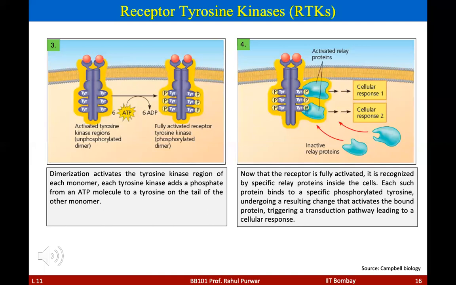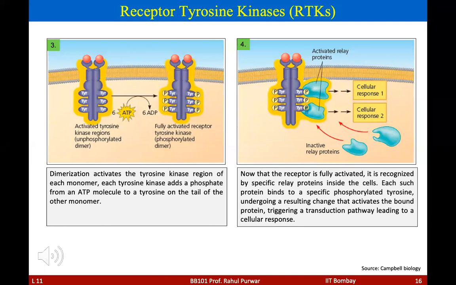And now that the receptor is fully activated after phosphorylation, it is recognized by the relay protein inside the cell, which I was talking about in the signal transduction pathway. Each such protein binds to a specific phosphorylated tyrosine and undergoes a resulting change that activates the bound protein and triggers a transduction pathway leading to the cellular response.